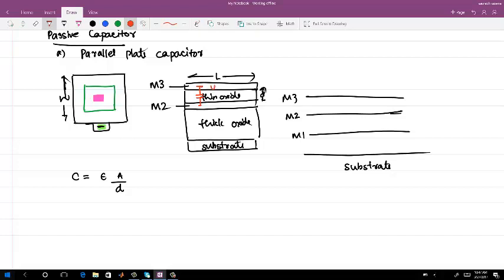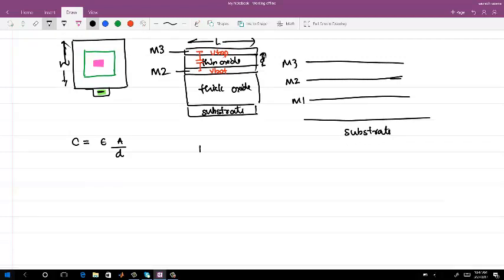V top and V bottom. What does come up together with this? Bottom plate. And what about the top plate? Top plate also. So you have a desired capacitance which is between V top and V bottom.